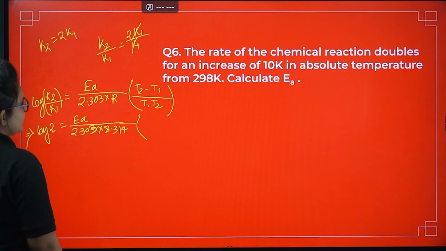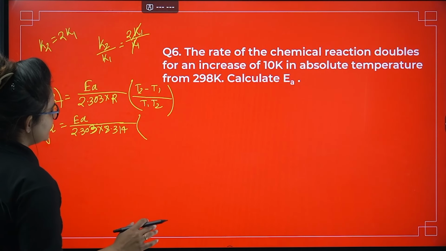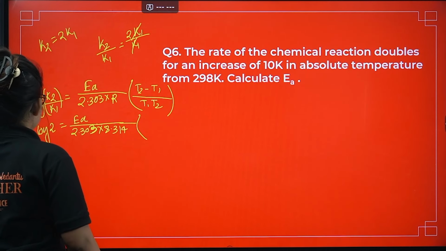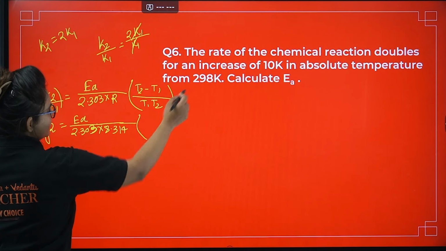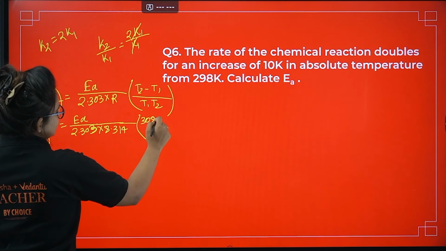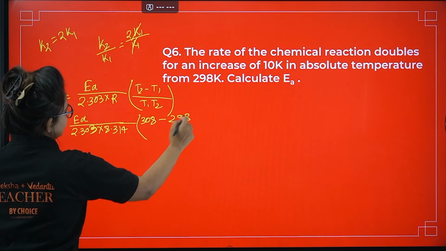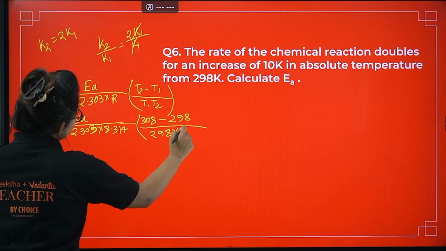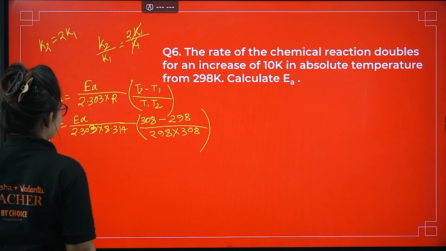Okay, so initial temperature we started with 298 Kelvin, another temperature just raising 10 K. Raising 10 K with 298 means 308. 308 minus 298 divided by 298 into 308, right?